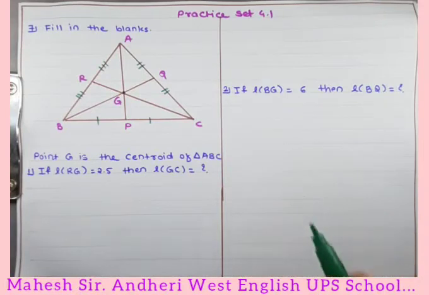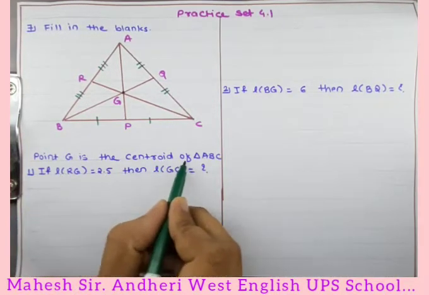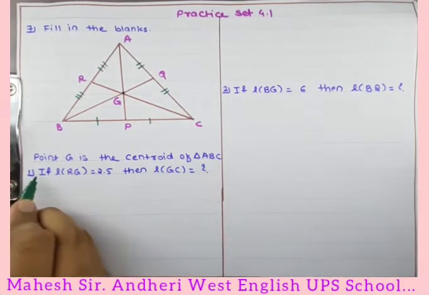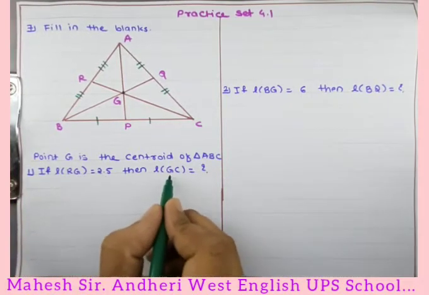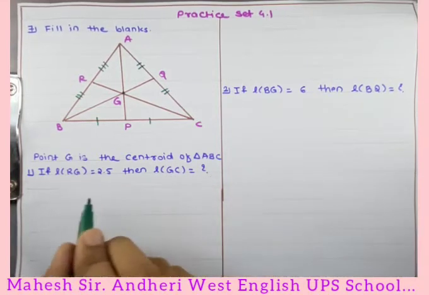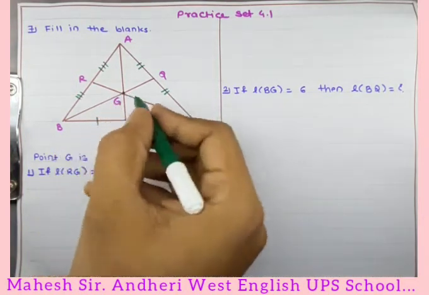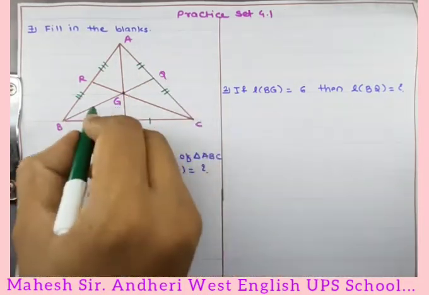So we will read the questions one by one. First question: point G is the centroid of triangle ABC. Length RG is given as 2.5. We have to find the length GC. We know the property that because of the centroid, the median is divided in the ratio 2:1.